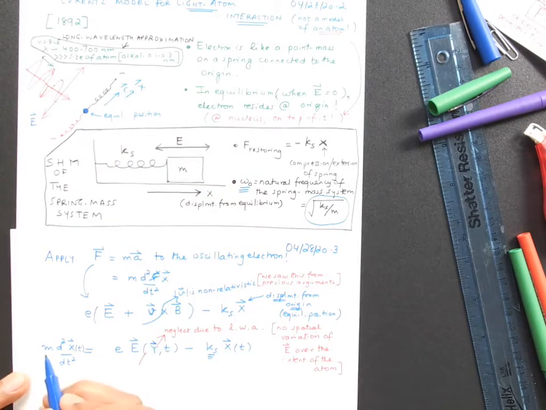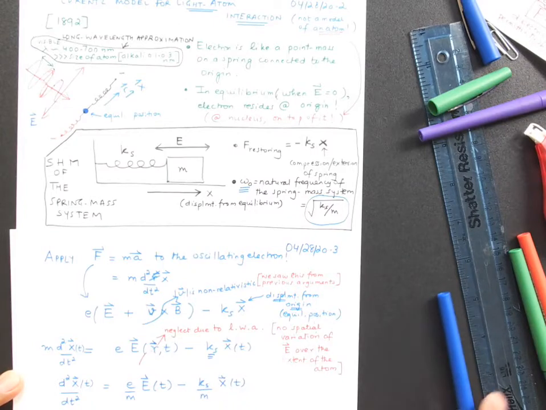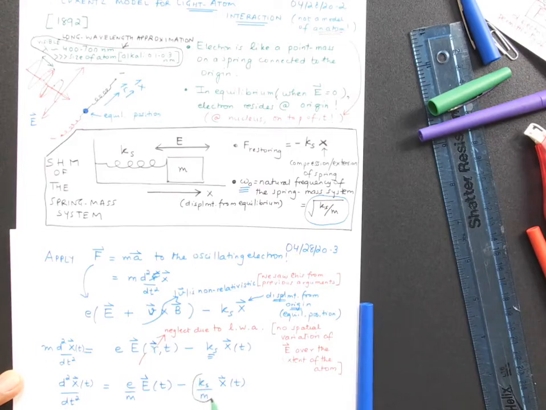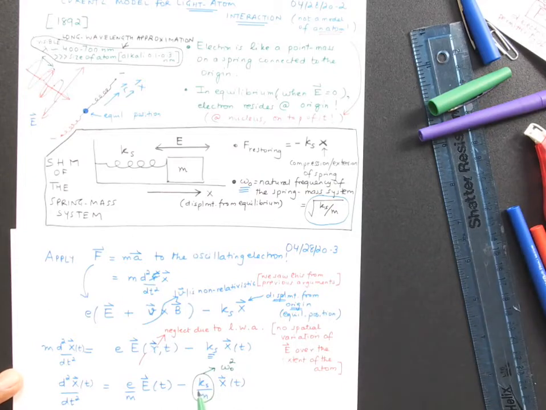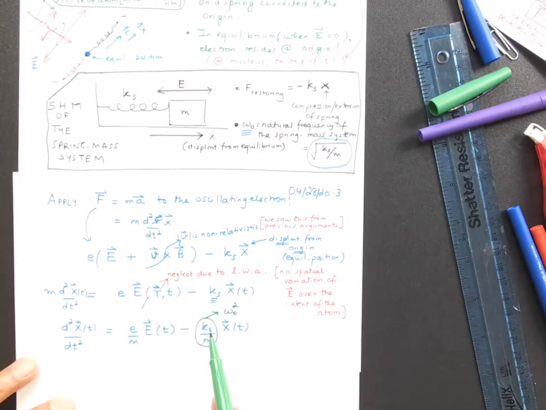So I'll divide across by m. Okay, and now I can replace this with omega naught squared. And I like that because there is no spring inside the atom, obviously.